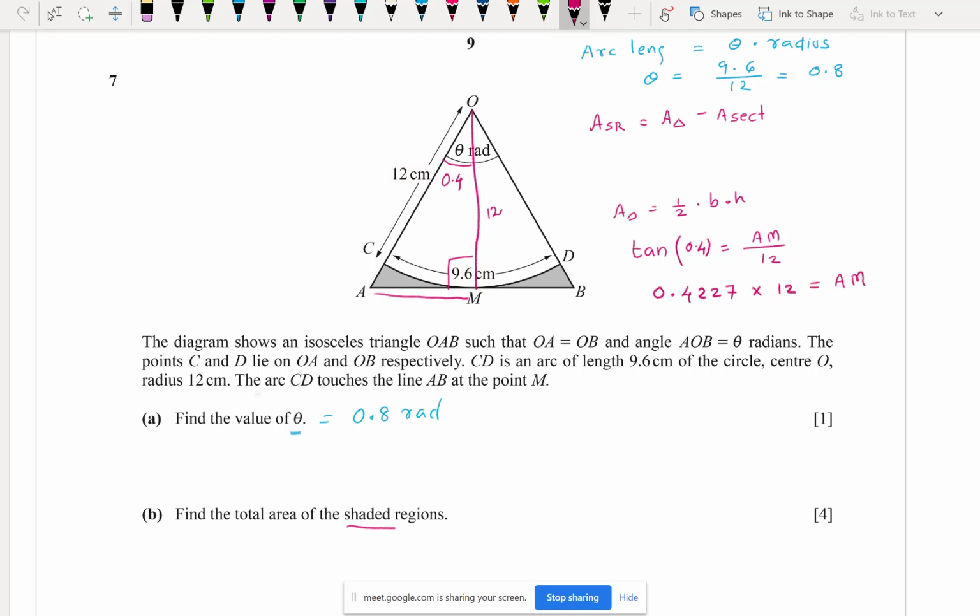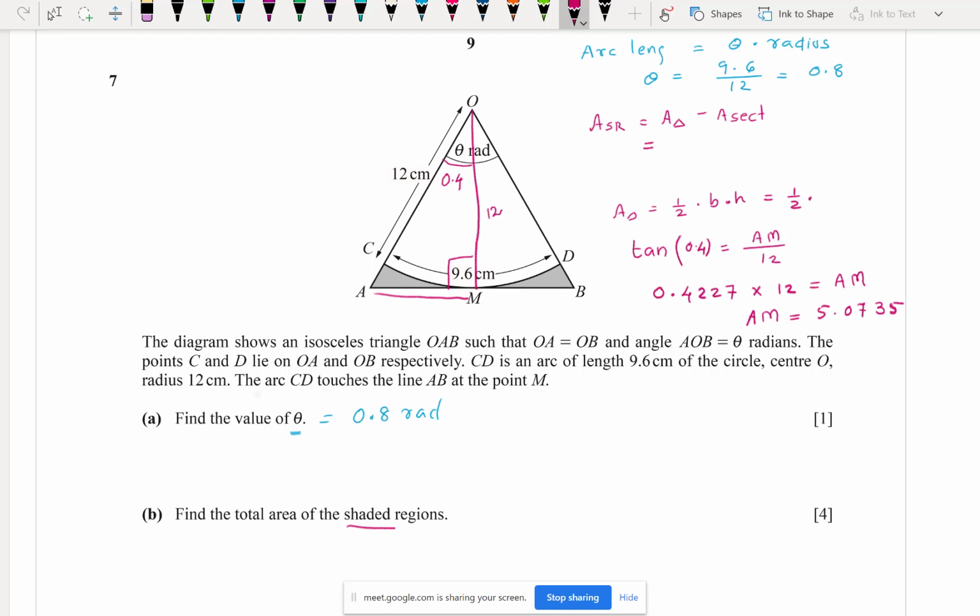Is that correct? So now let me get that value for you. AM is equal to 5.0735. Okay. Is that okay? So now let us substitute that in here. Oh, by the way, we can now calculate area of the triangle. Area of the triangle is half base into height. That is half.